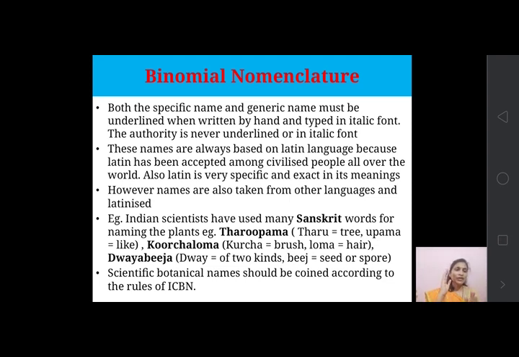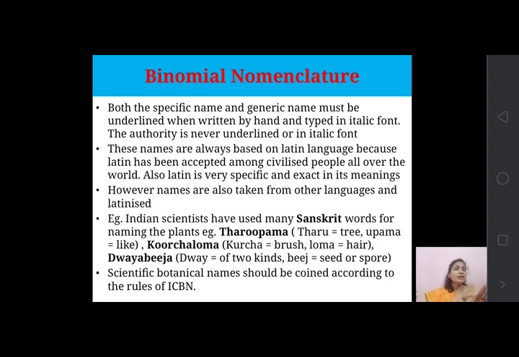Now these names are always based on the Latin language. Yes, because the Latin language was more accepted among the civilized peoples present at that time all over the world. Also, Latin is very specific and exact in its meaning.